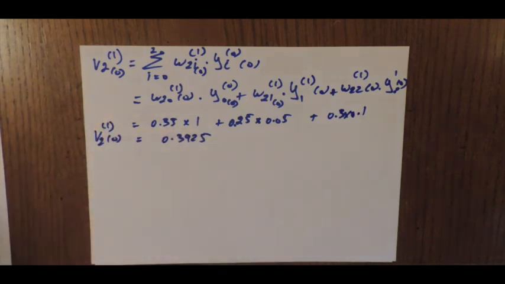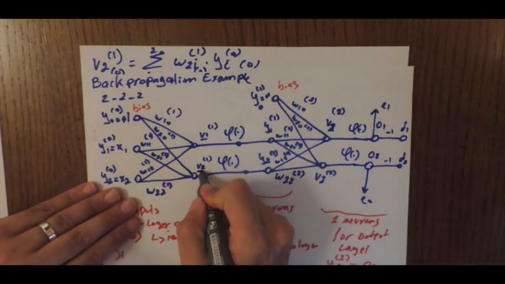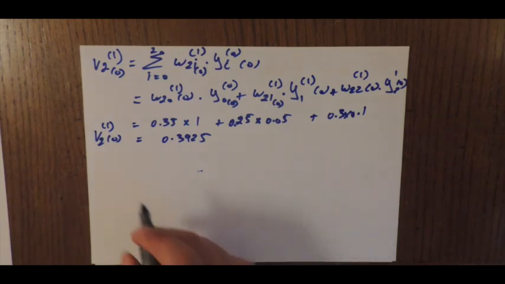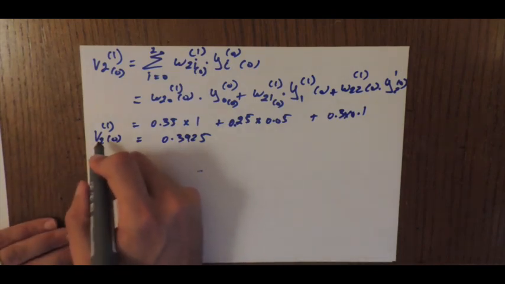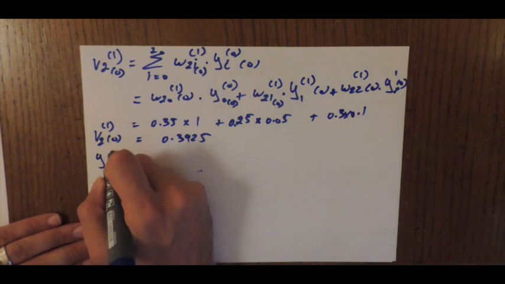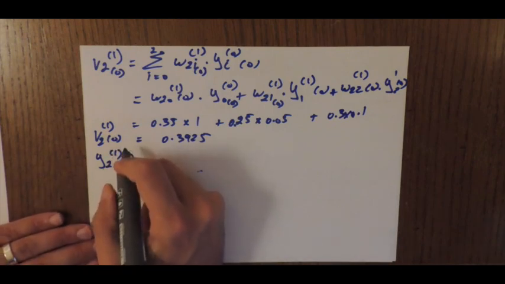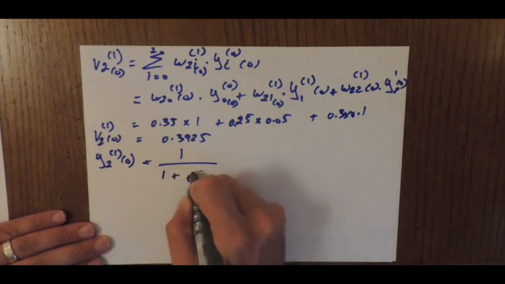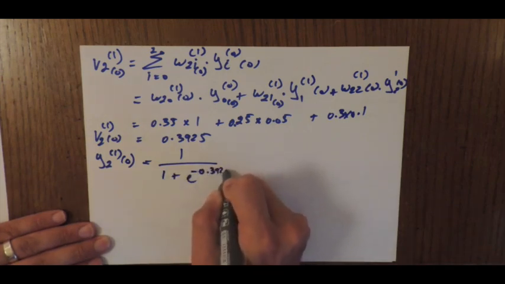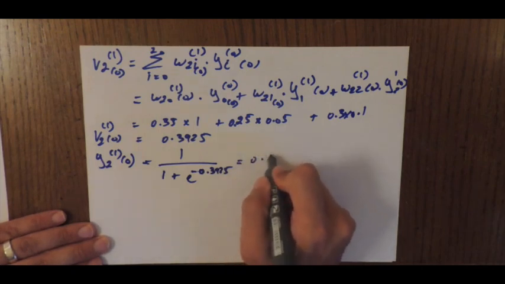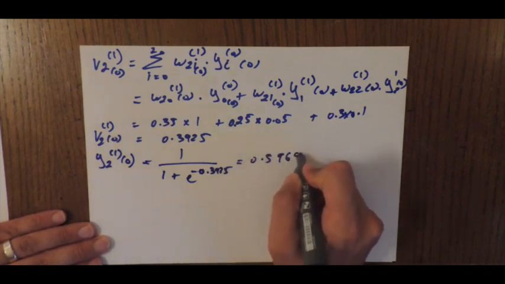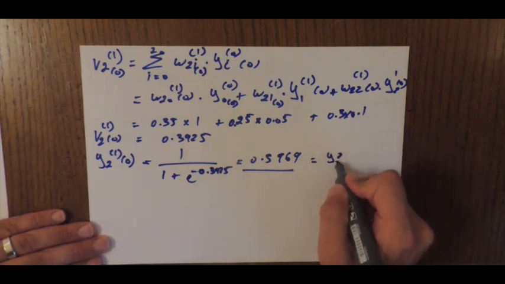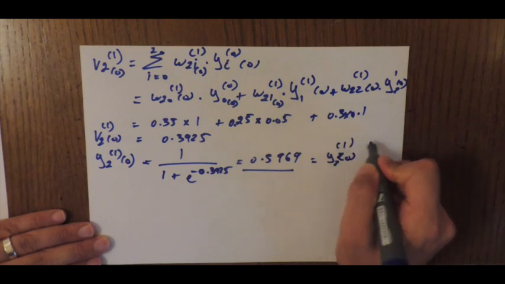So we found the second induced field. Now we want to find Y2 of 1. Of course Y2 of 1 of iteration 0 is equal to 1 over 1 plus e to the power minus V, since we're using the logistic function, which is going to be equal to 0.5969. This is Y2 of 0, 1.